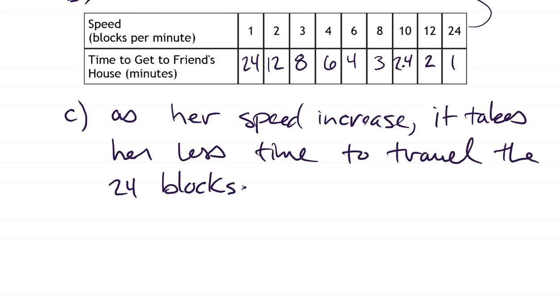If it was a different friend that lived further away, it would be different. But because this distance is being held constant as I increase the speed, I'm just decreasing the amount of time that it'll take to get there.